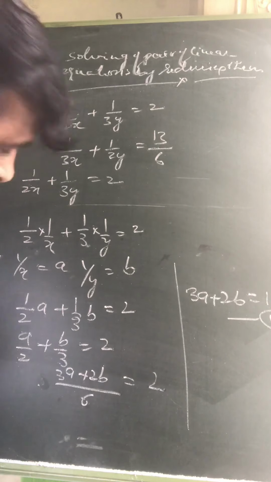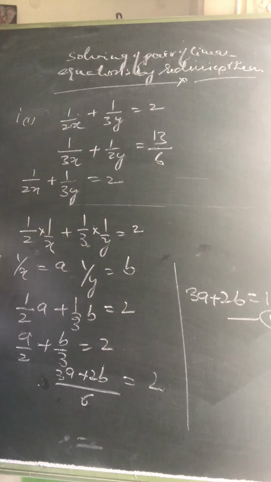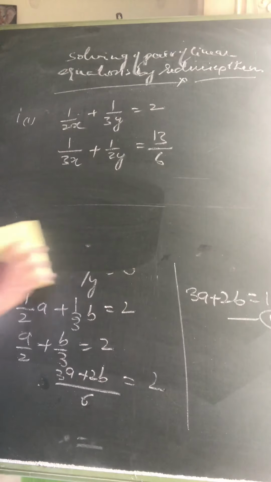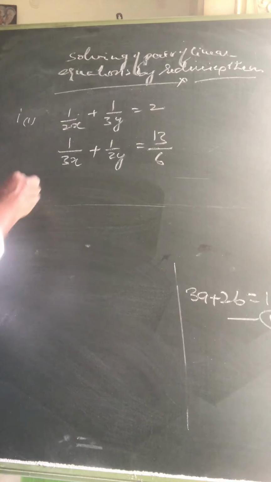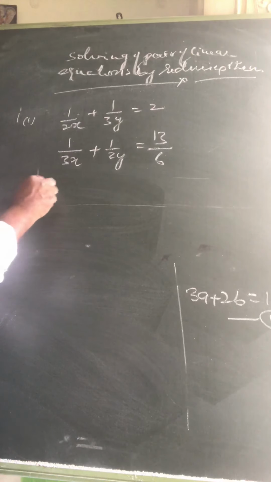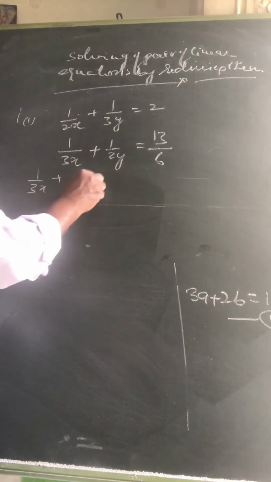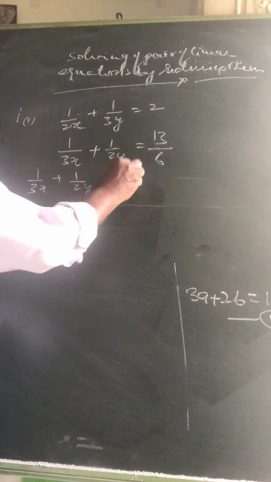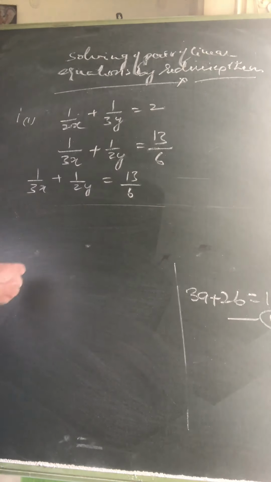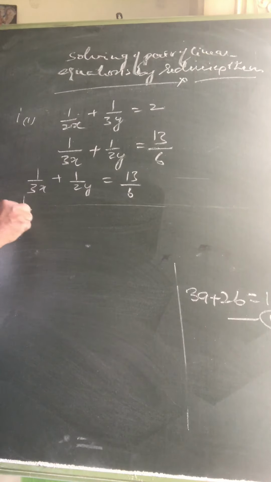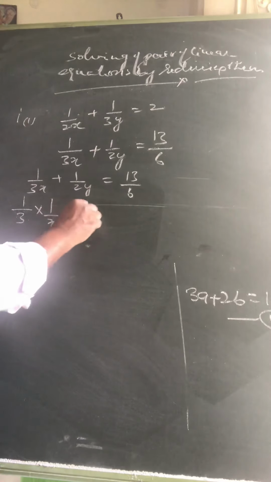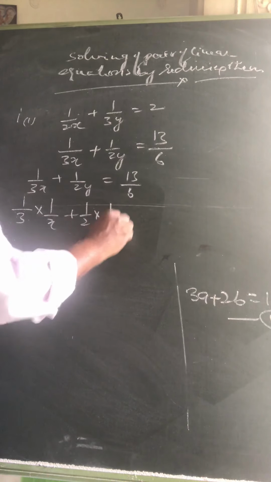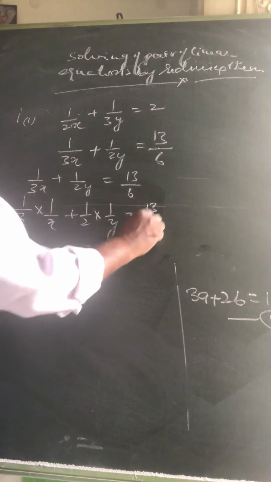In the same way, you can change the second equation also. 1 by 3x plus 1 by 2y is equal to 13 by 6. Here also you can write it as 1 by 3 into 1 by x plus 1 by 2 into 1 by y is equal to 13 by 6.